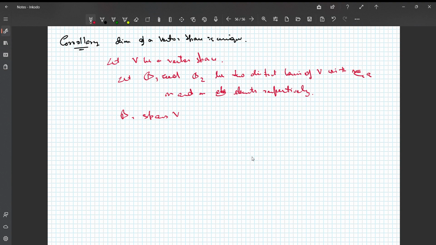Right? B1 spans. So using the previous theorem, we can obviously say that any linearly independent subset of V must have number of elements less than B1, right? So therefore, if we consider B1 to be a spanning set of V, and since B2 is a linearly independent subset of V because it's also a basis, therefore M must be less than equal to N by the previous theorem.